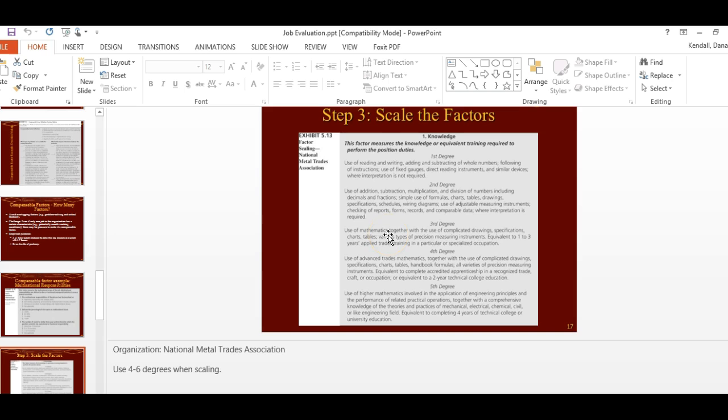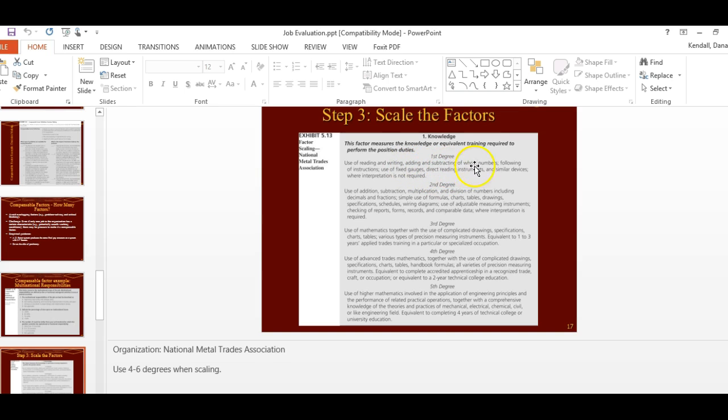Okay, then we scale the factors. So for each factor, here we have a compensable factor titled knowledge. And this factor measures knowledge or equivalent training, and so on. And we have first degree all the way to fifth degree. The first degree is where relatively little knowledge is needed.